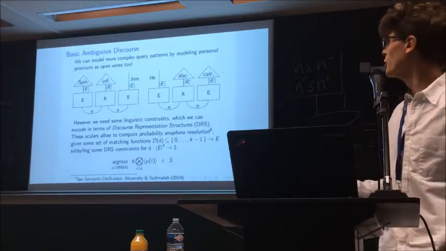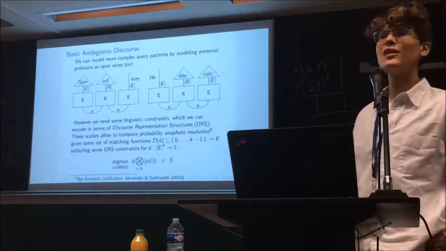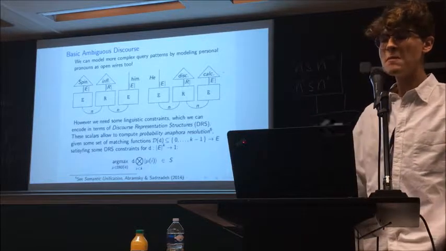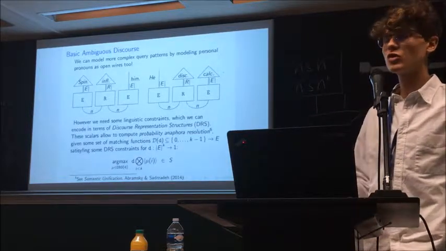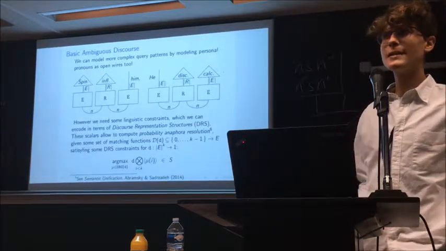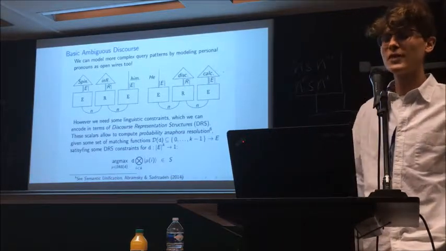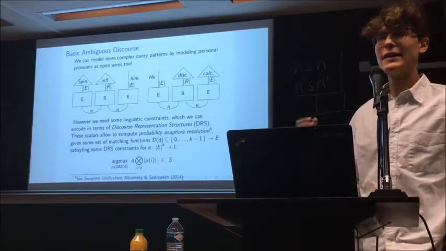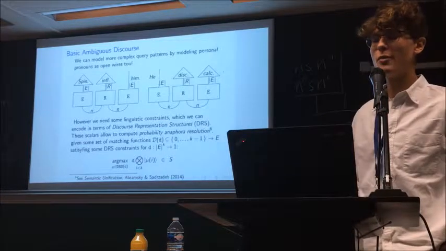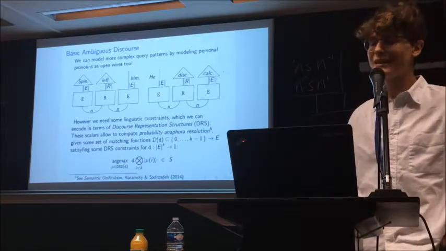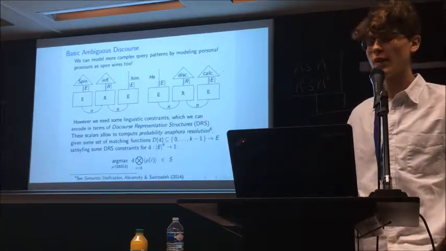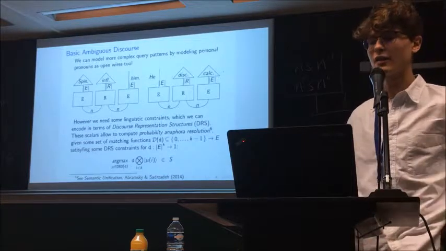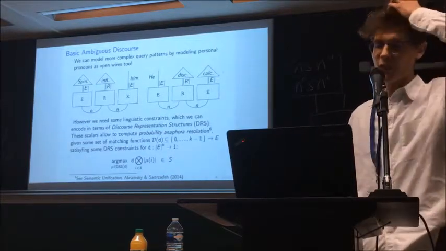So in order to encode those types of natural language constraints, we use discourse representation structures, which were introduced in the late 70s in order to model these constraints. And it gives us a framework for probabilistic anaphora resolution in the sense of Abramsky and Sartre.